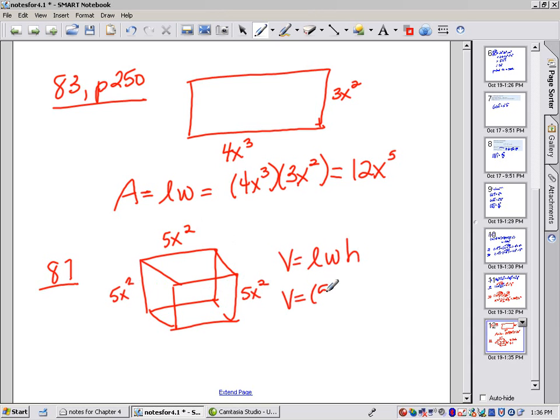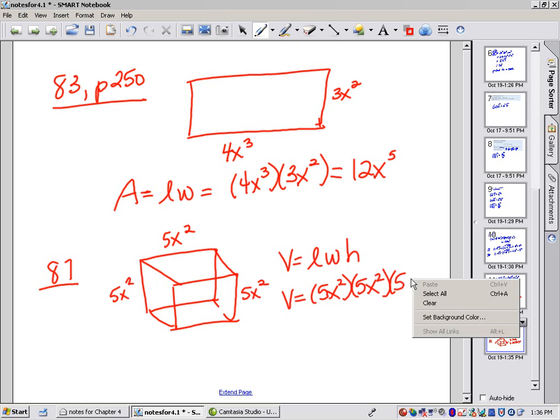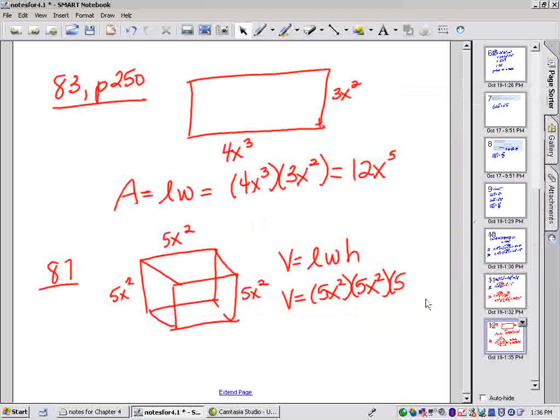So if you multiply 5x squared times itself 3 times, you'd have 5 times 5 times 5, 25 times 5 or 125. X squared times x squared times x squared, we can add the exponents to get x to the 6th. Okay? And that will conclude these problems.